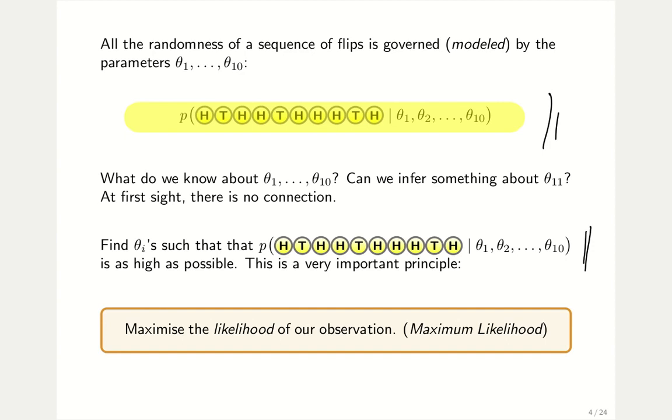So we want to choose those parameters under which our observations become the most likely. And that's why it's called the maximum likelihood estimation. And that seems like a pretty reasonable choice. And it's also a very formalized choice. So maybe this will be the path to justifying one of the values we discussed previously.